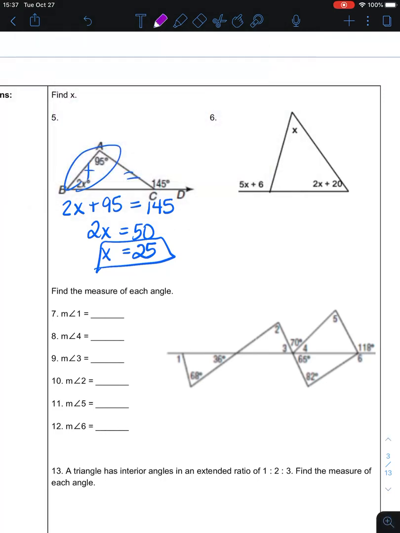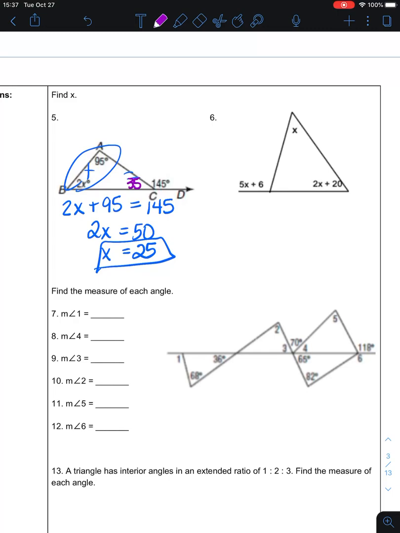Now, there is another way to do this problem. Say you're looking at the problem and you cannot remember that exterior angle theorem. Well, if that angle is 145 degrees, then the interior angle of that triangle is 35 degrees.